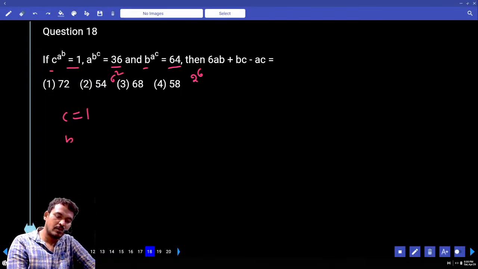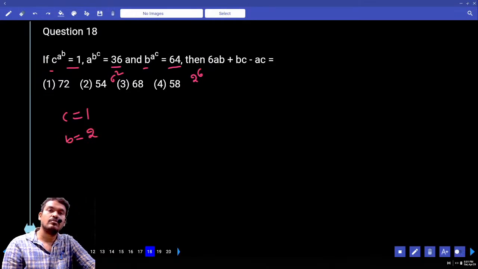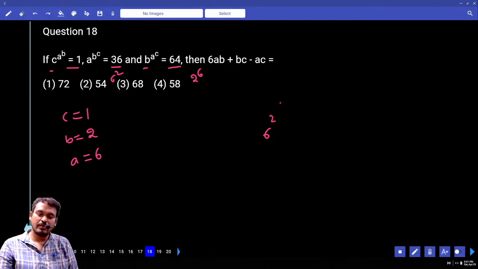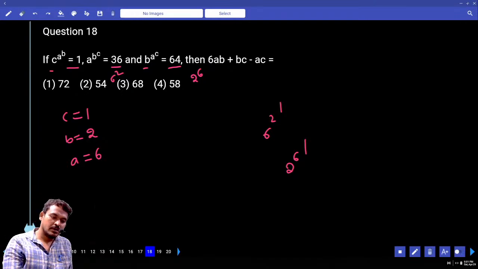Then B is 2 and A is 6. 6 power 2 power 1 is 6 squared, and 2 power 6 power 1 is 64.